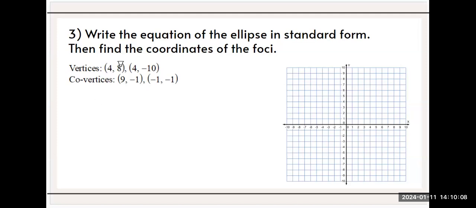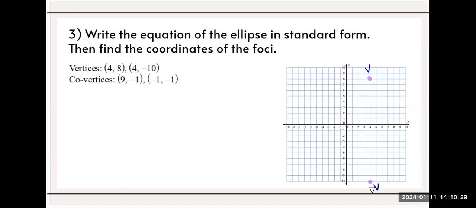Okay, so if we start out with the graph, let's just plot the vertices. So we have 4, 8 and 4, -10. Okay, so we should be able to find the center from those, right? Halfway in between. So we could count how far and then take half.